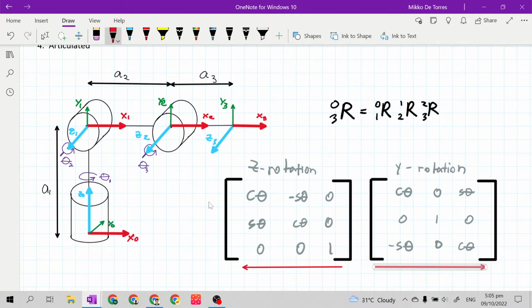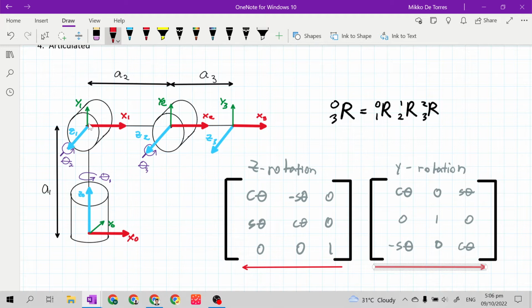The z rotation matrix was based from the z sub 0 axis, where z sub 0 is at the reference frame or the base frame of this mechanical manipulator, while the y rotation was based from the y sub 1 axis, which is located at frame 1, at the revolute joint 2.